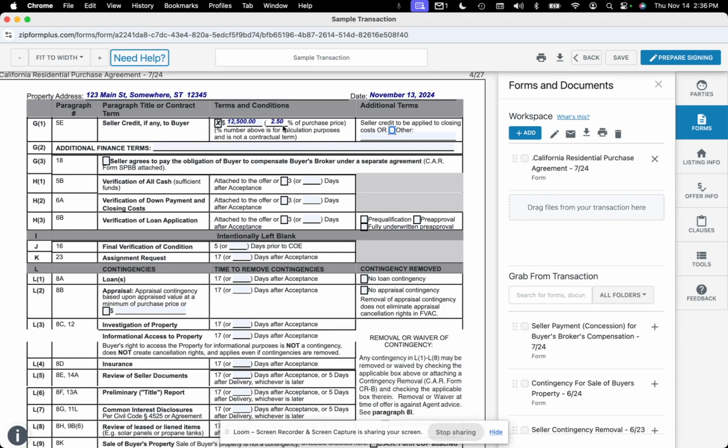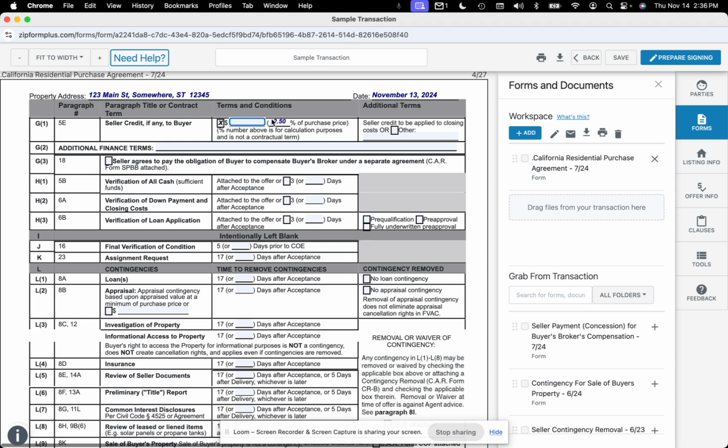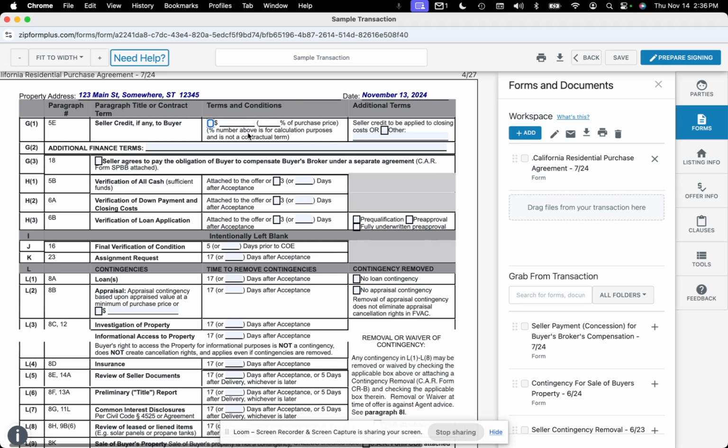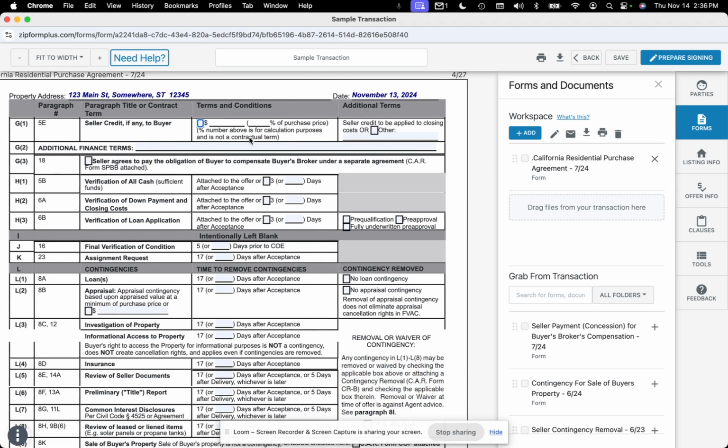Now, however, while you can ask for it this way, if you are asking for help to pay for a buyer's agent, you're actually going to check this box. It says seller agrees to pay the obligation of the buyer to compensate the buyer's broker under a separate agreement. This was changed, again, because of the changes in the industry.